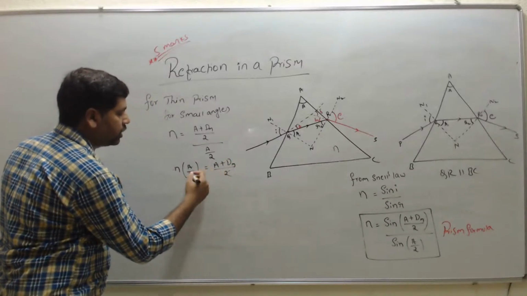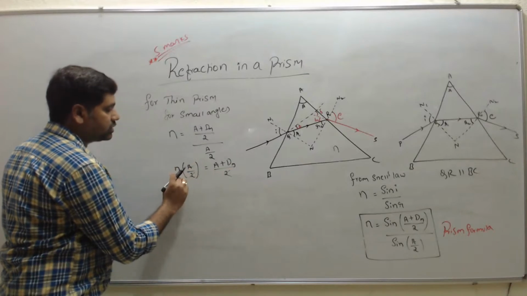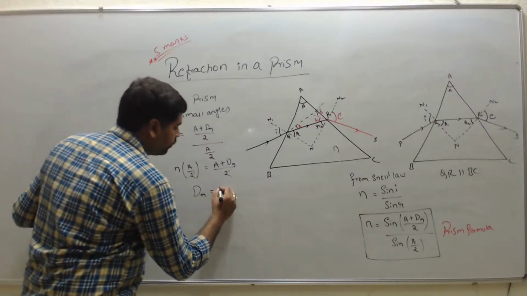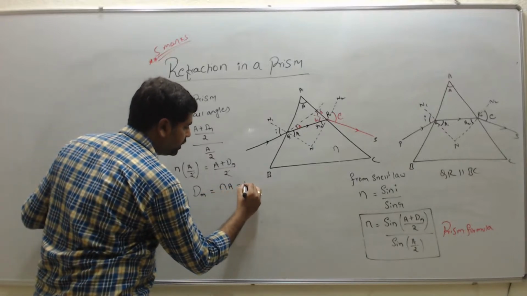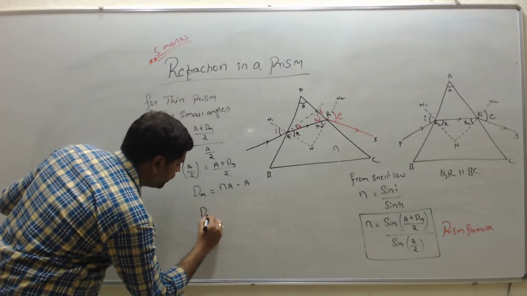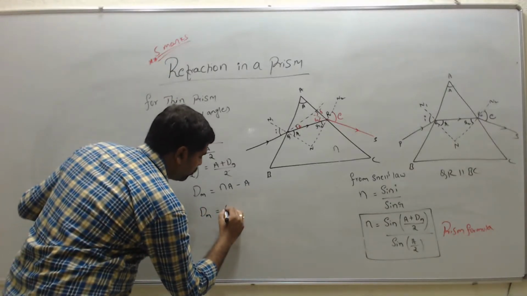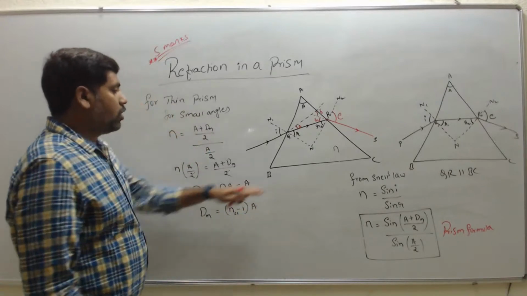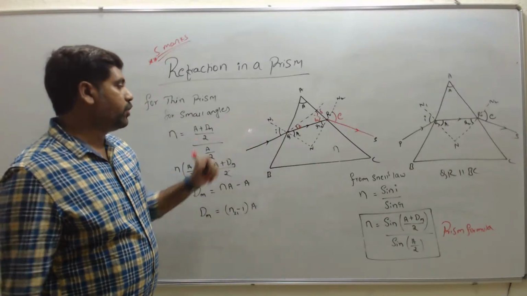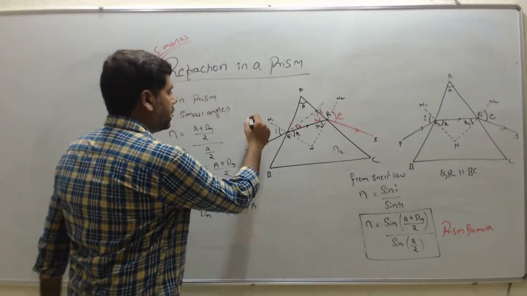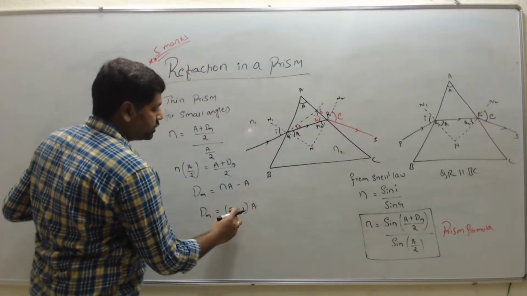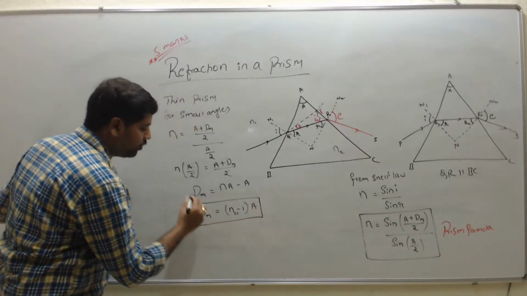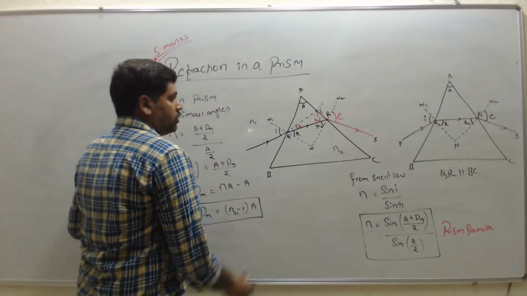If we shift A to the other side, we get dm equal to nA minus A, that is, the minimum deviation angle dm is equal to n minus 1 into A. Or if we write the refractive index of the second medium with respect to the first medium, considering this medium as 2 and the air medium as 1, then it becomes n21 minus 1 into A. So this is the minimum deviation angle.